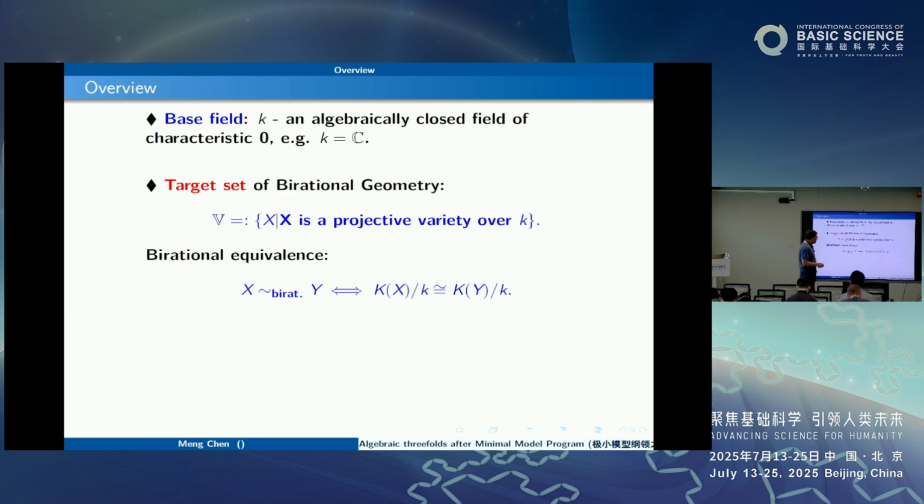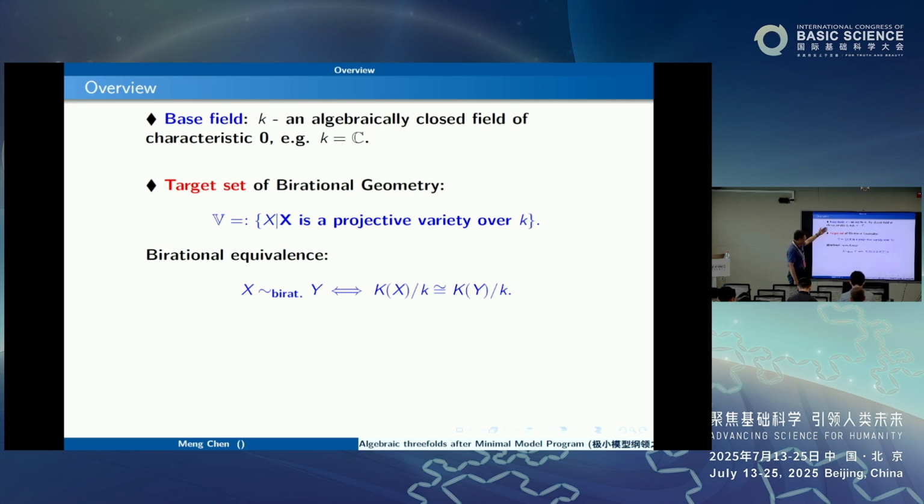As everyone knows, the target set of birational geometry is a set V of projective varieties. So we want to classify these.